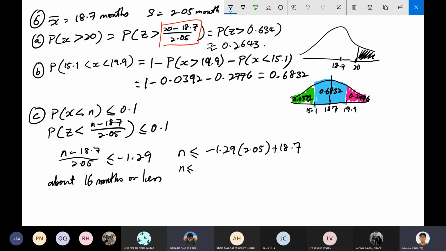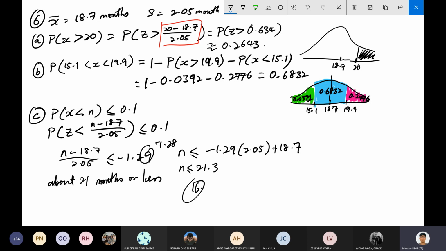Negative 21.3. 21.3. Okay, so here by right you should have, yeah, so you need to have about 21 months or less. Okay, so the answer key is actually 1.28 here. So if it's 1.28, then you get 16 months.